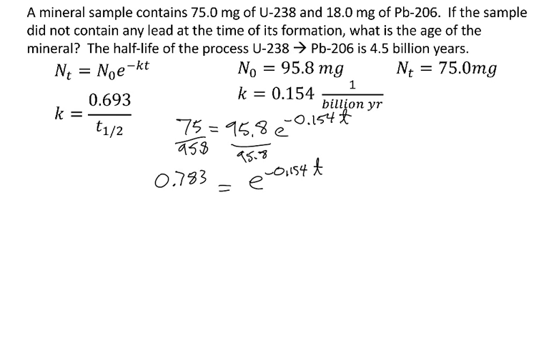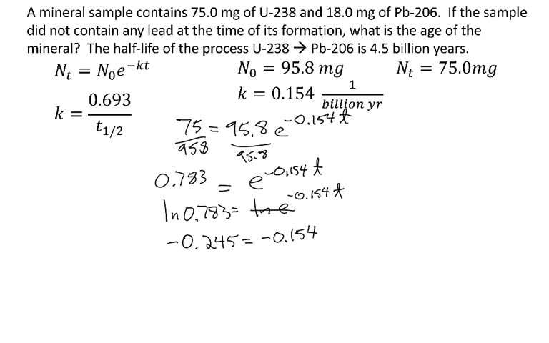Take the natural log of both sides. So I get negative 0.245. The ln and the e cancel, so the exponent comes down. All right, we'll finish it off.